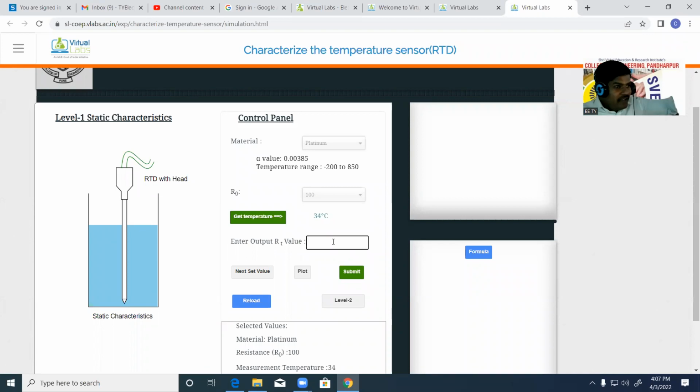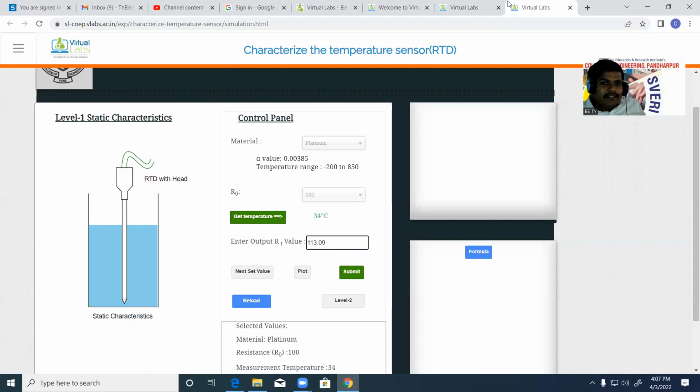I will put 113, see what change will happen here. 113.09. Right. See, we have calculated.